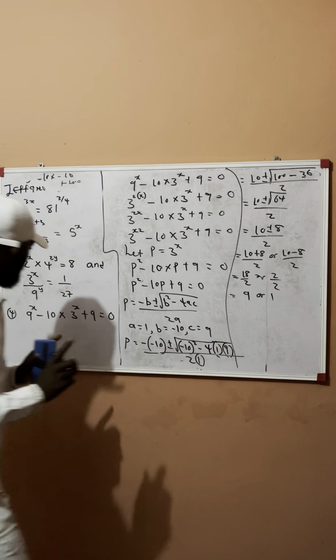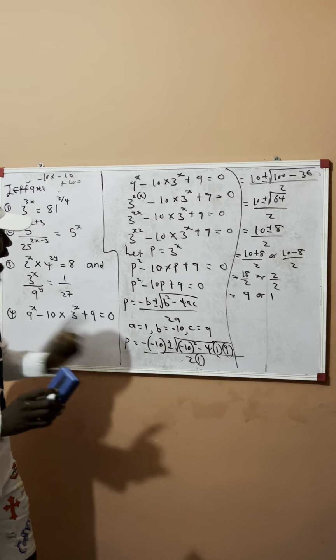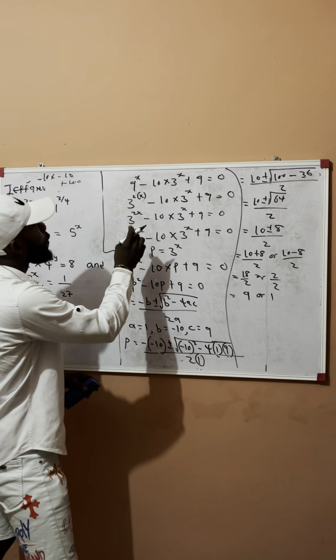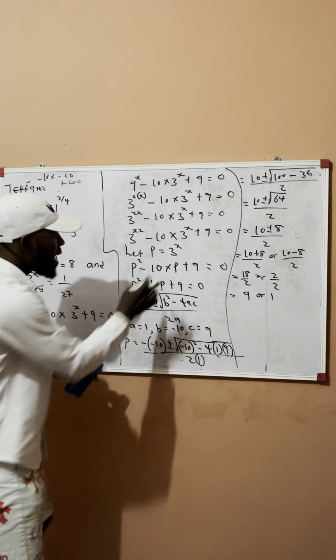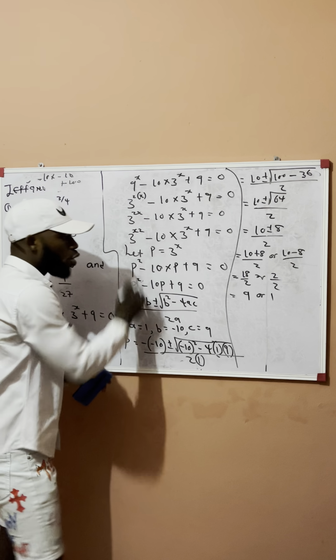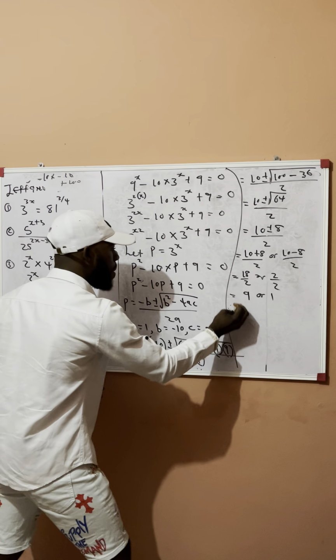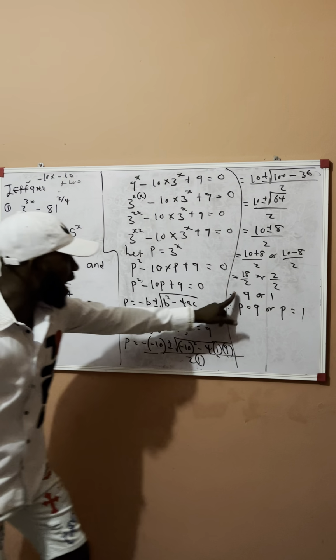Now watch, listen, we are not done solving this math, because the question is for us to find the value of x and not to find the value of p. We were the one that introduced p. So these two answers that we got are for p. Therefore, p is equal to 9 or p is equal to 1, because I have two answers.